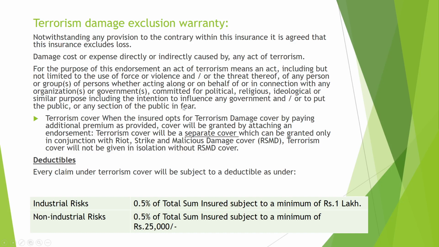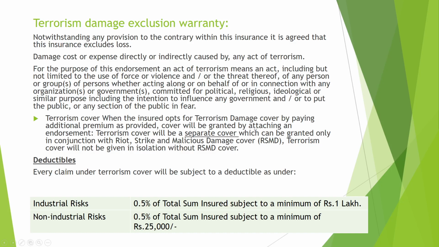So this is the general definition of terrorism, you can say. This is not covered in the base policy. Terrorism cover is available when the insured opts for terrorism damage cover by paying additional premium as provided. So you can cover terrorism, but you have to pay extra premium for it.